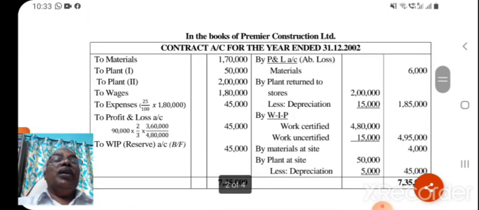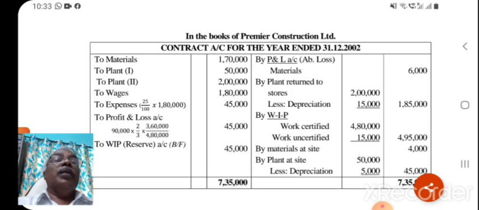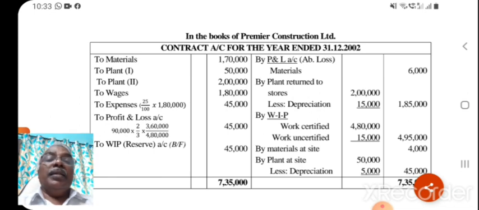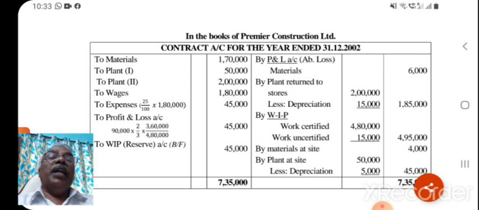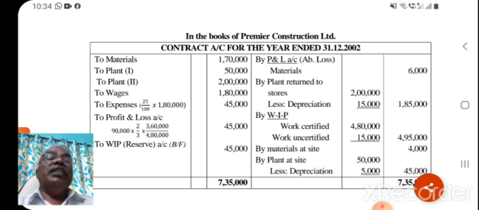Let us look at the contract account in the books of Premier Construction Limited. It is just the expenses. It is very simple. Look at the expenses. To materials 1,70,000. Everything is given in the problem. Plant we used 50,000. Plant second is 2 lakh. Wages 1,80,000. Expenses is 25% of wages, so it is 45,000.